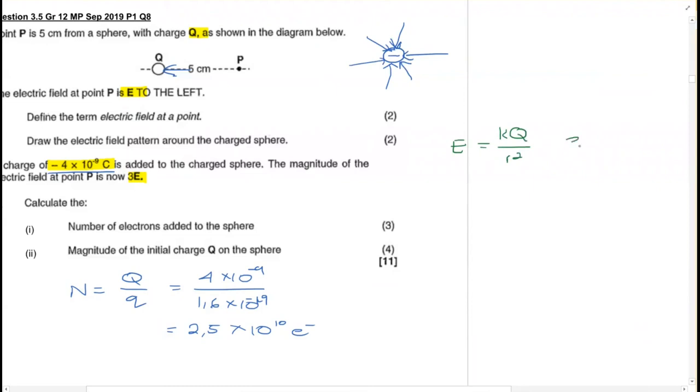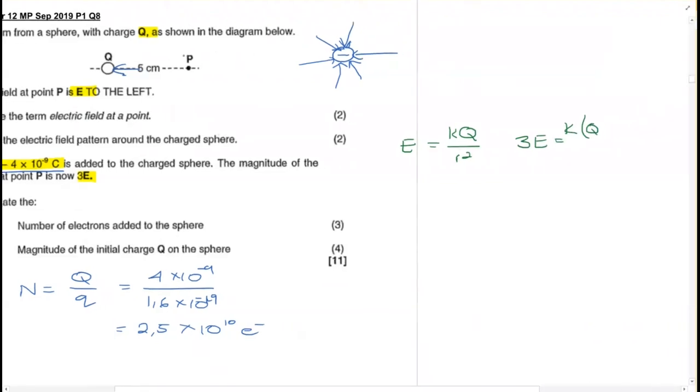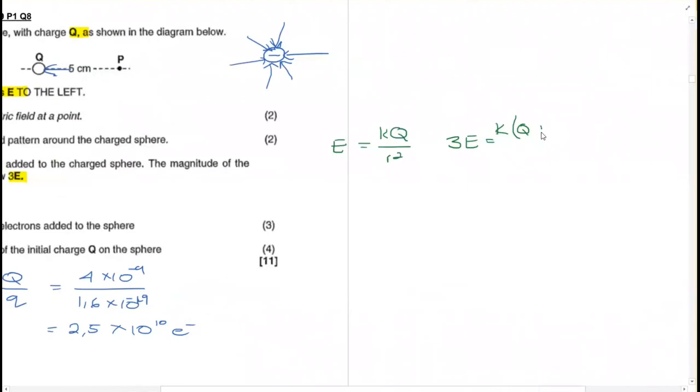After the change, the field is now 3E, K stays the same, but our charge is now the original charge Q plus the extra charge of 4 times 10 to the minus 19 that was added to the sphere. The same distance. They didn't change distance. All they did was add to the charge.